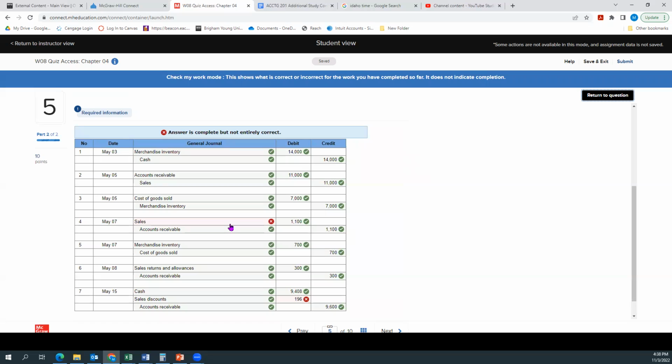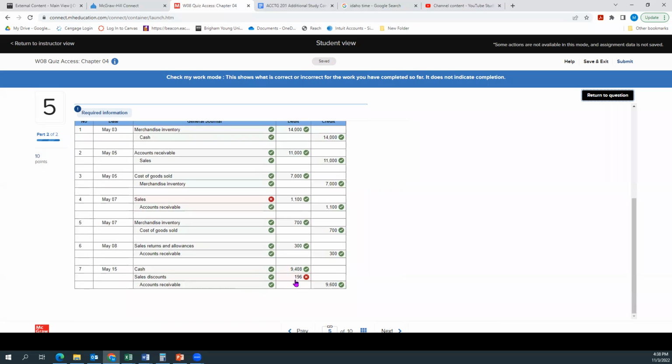So that amount is good. And then the sales discounts here, that's a little tougher for me since this has to add up to $9,600. We know that's right, and we know that's right. Oh, you know why? It's 192 because I can't do math in my head, apparently.